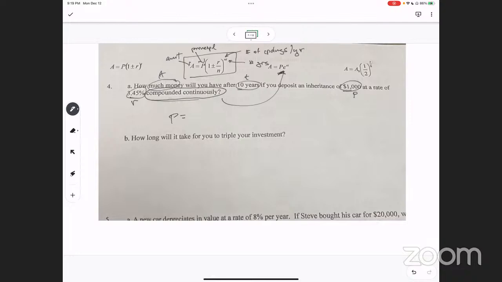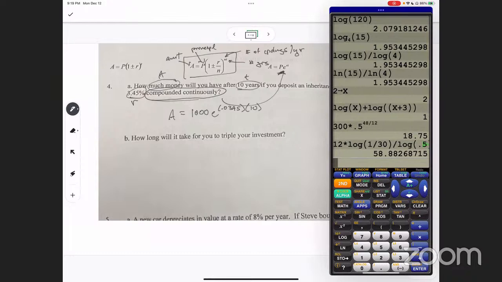So A equals, money will you have? That's what they want. If you invest $1,000 times e to the r, 0.0345, make sure you put the 0.0 in front of that, times t, which is 10.